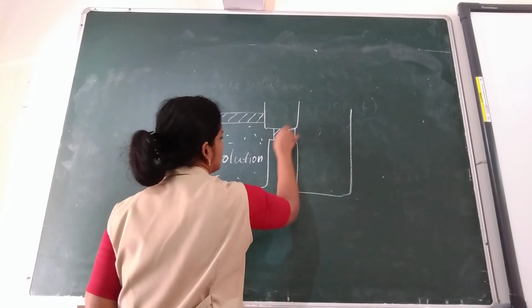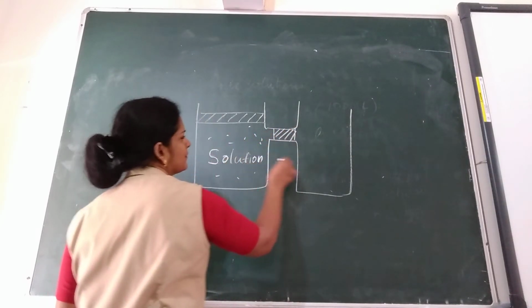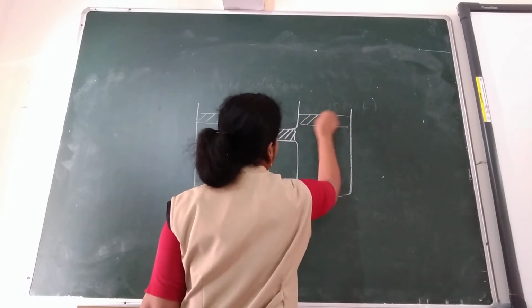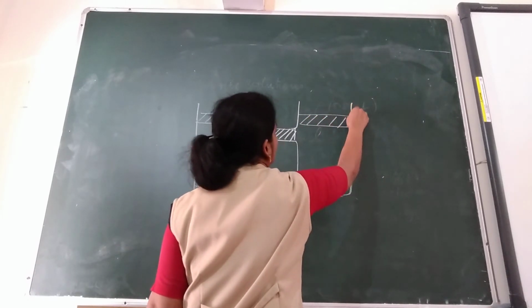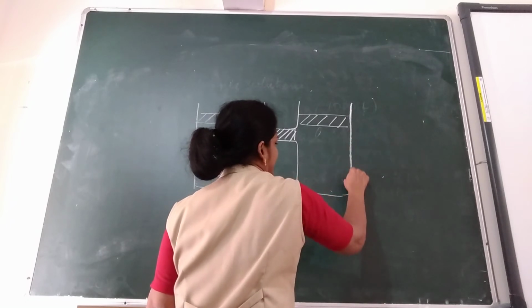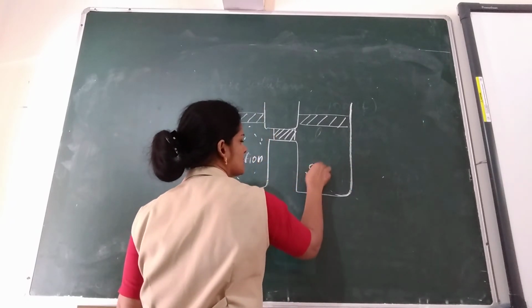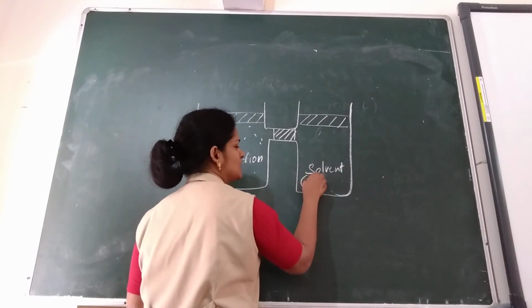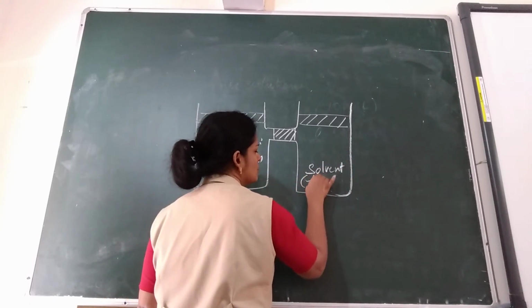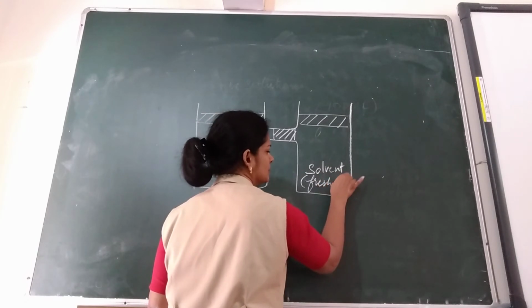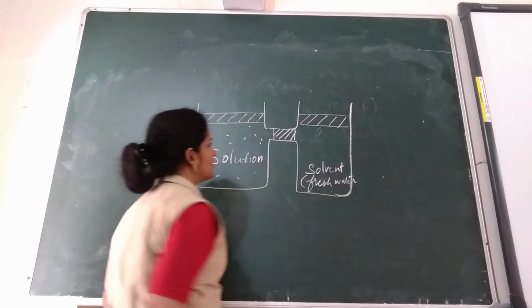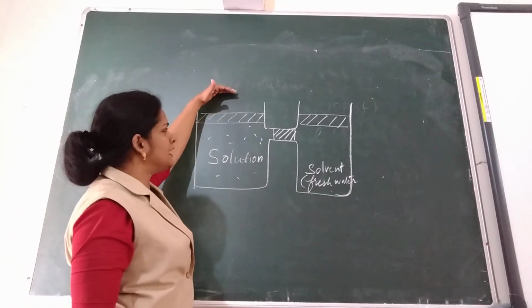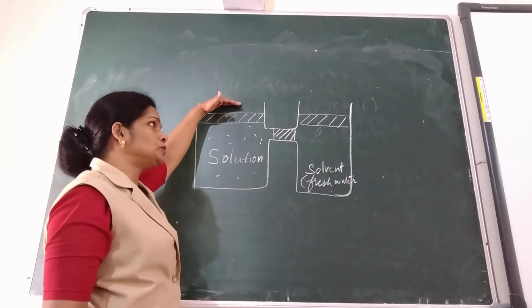These are separated by the semi-permeable membrane, and here is the solvent. Let it be pure water, fresh water. So if you apply a pressure greater than osmotic pressure, what is osmotic pressure?